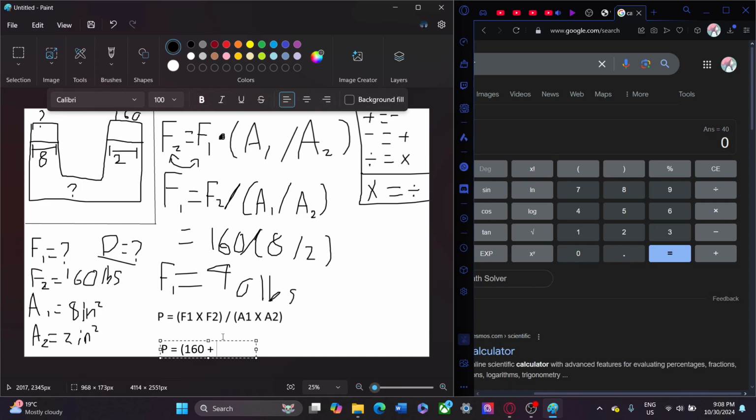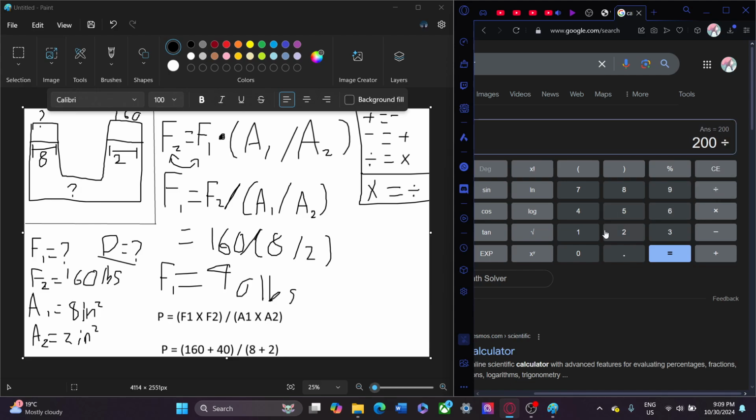160 plus 40 divided by A1, which is 8 plus 2. So now we do our calculation. 160 plus 40 equals 200.